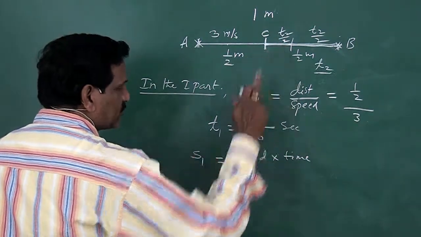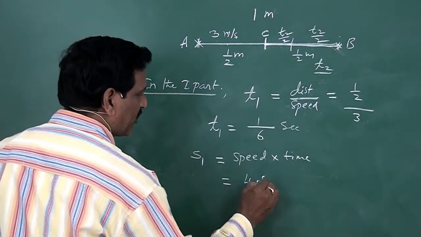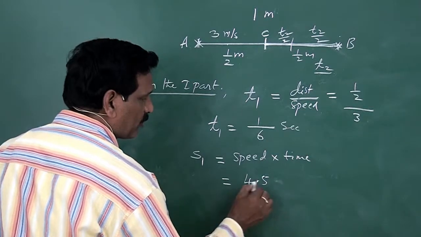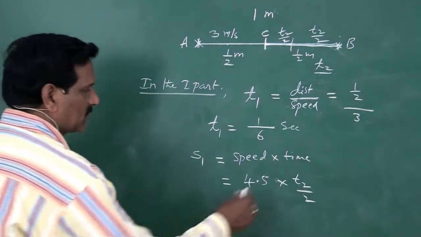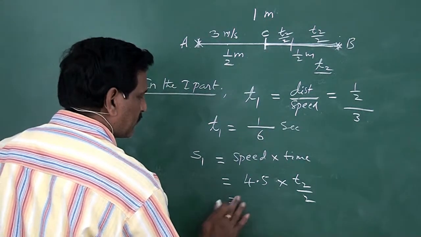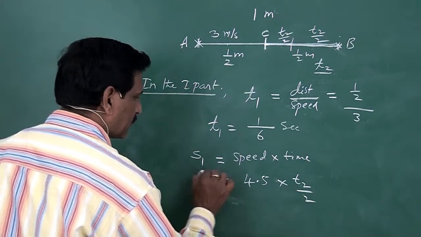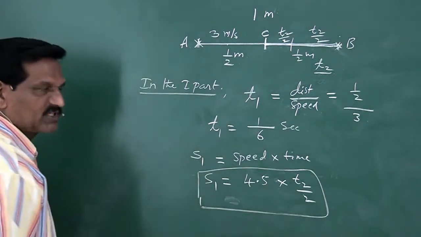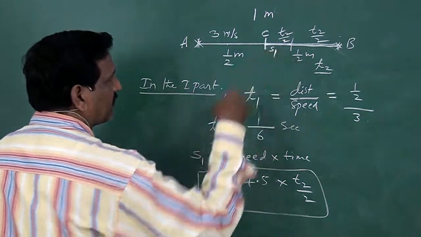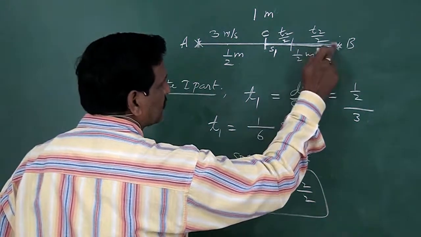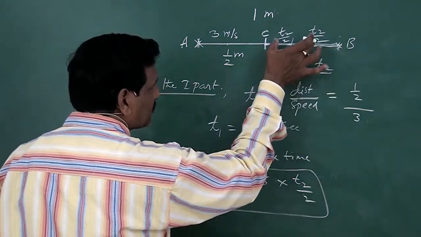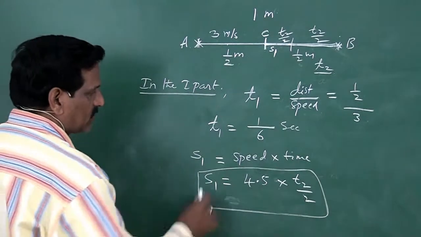In this case, speed is 4.5 meter per second, so 4.5 into time T2 by 2. So S1 is this distance travelled, and consider this distance as S2. S1 plus S2 is half meter.